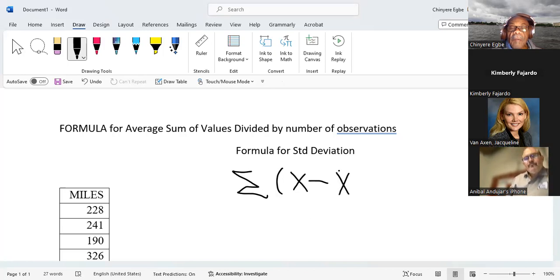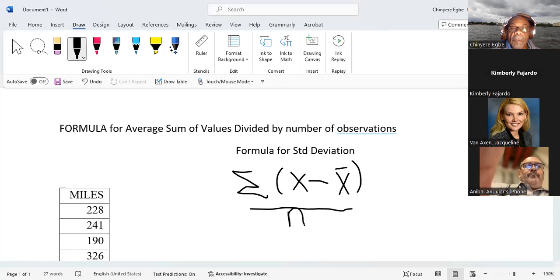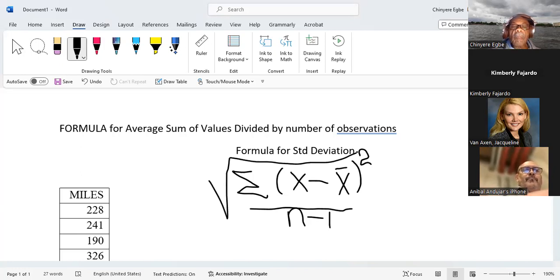I use X bar, which is the sample mean. Okay. Divided by n minus 1. Sum of the squared values. And we take the square root of that. So this is very simple.